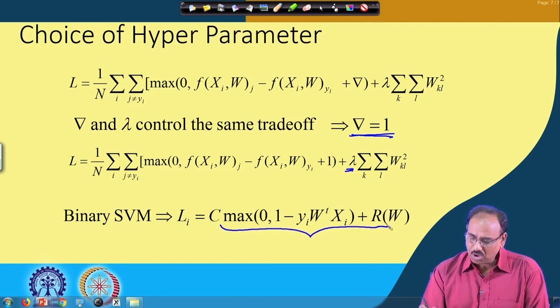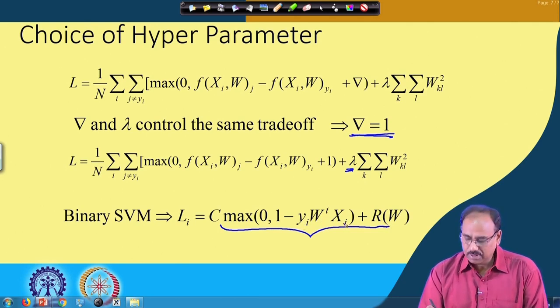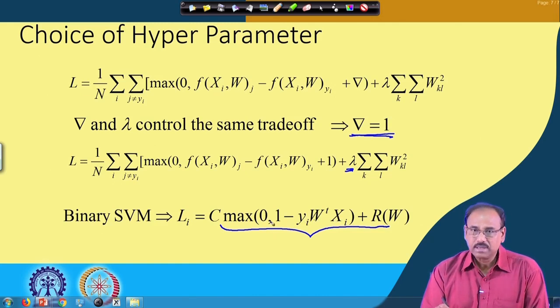It is max of 0 and 1 minus Yi W transpose Xi. As long as W transpose Xi is less than 1, that is the normalized distance from W transpose X equal to 0, the separating plane, your loss function will be positive. If it is greater than 1, then only the loss function will be 0.